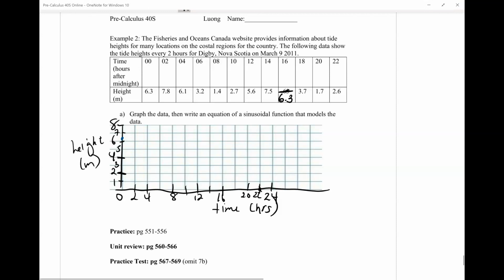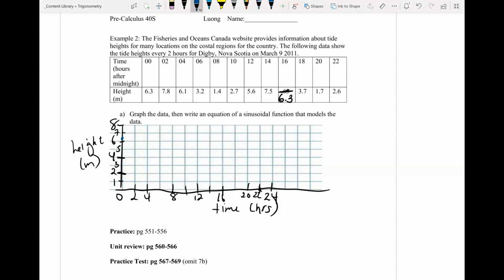So now I'm going to go ahead and put in our points. So we have 0, 6.3, 2, 7.8, 4, 6.1, 6, 3.2, 8, 1.4, 10, 2.7, 12, 5.6, 14, 7.5, 16, 6.3, 18, 3.7, 20, 1.7, and lastly 22, 2.6.